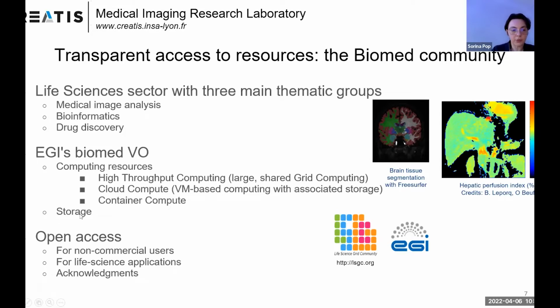And in addition to that, we have storage that can be used in multiple ways, but then again, I won't go into details. And all this is in open access for researchers, for non-commercial users and life sciences applications. We simply have to acknowledge the use of these resources because this gives them the possibility to get funding.